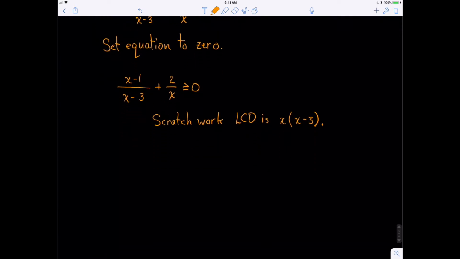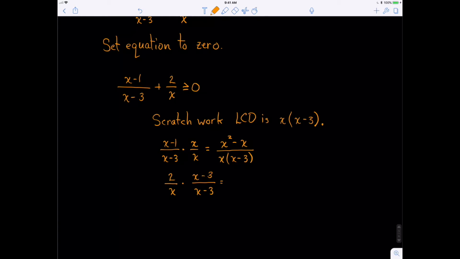So what we would need to do is the (x minus 1) over (x minus 3) is going to need an x over x to be (x squared minus x) over, and I'm going to leave the denominator factored, x times (x minus 3), and then the other fraction, 2 over x, is going to need an (x minus 3) over (x minus 3).